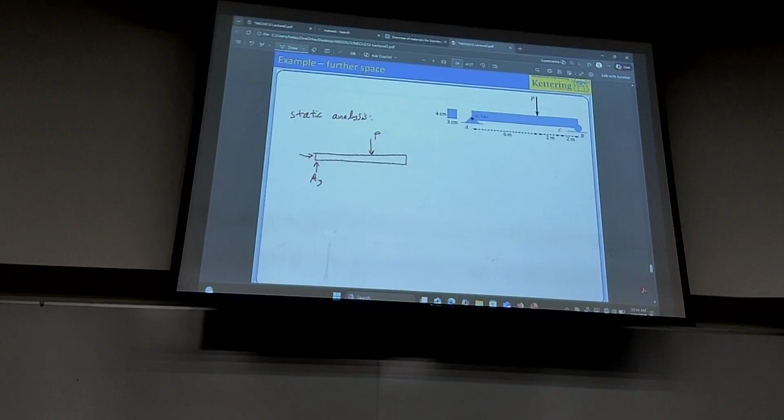It has two unknowns because it impedes movement in X and Y, and there is resistance, and there is basically force. B is a roller. It allows movement along X, but it doesn't allow any penetration to the surface, so only By.